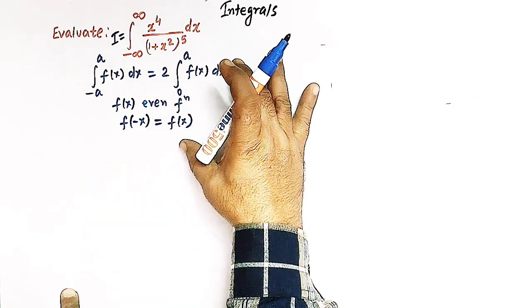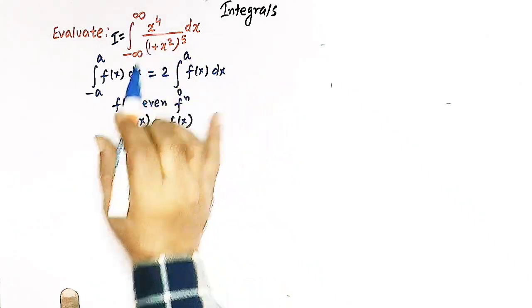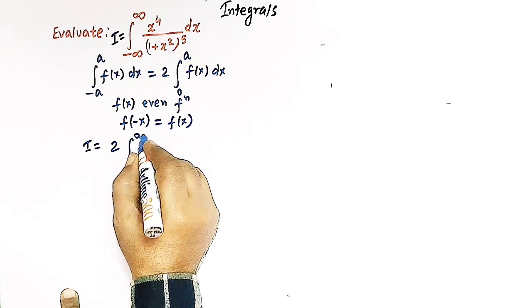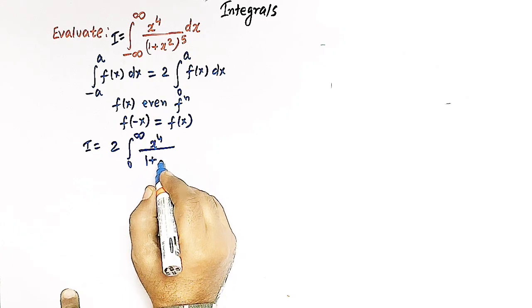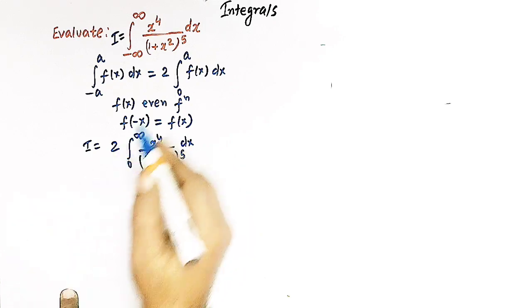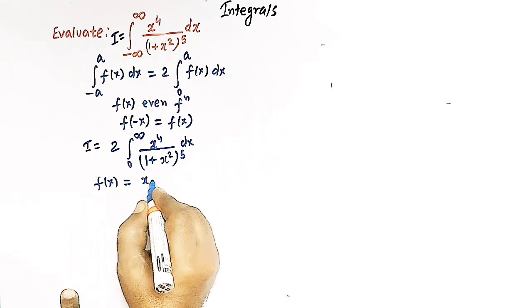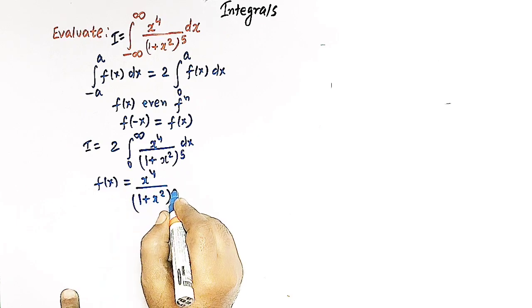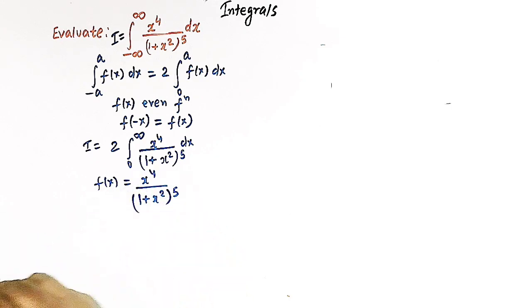So this is the first property which we are going to use to write this integral I as 2 times the integral from 0 to infinity of x raised to 4 over (1 plus x square) raised to 5 dx, because here the integrand is x raised to 4 over (1 plus x square) raised to 5, and we can see that the integrand is an even function.